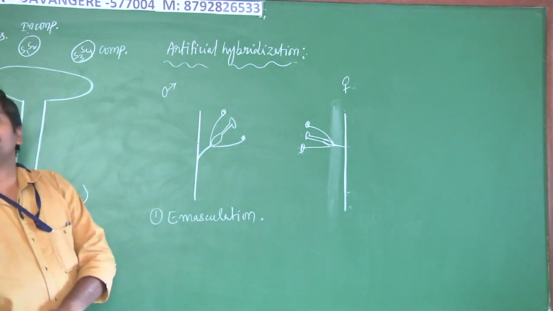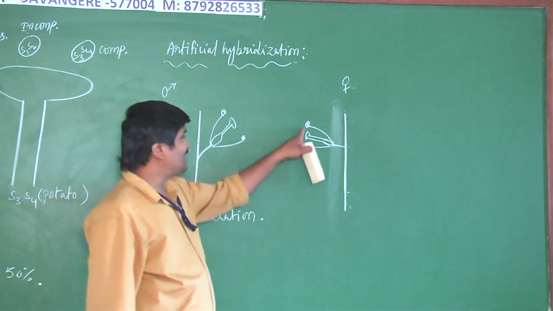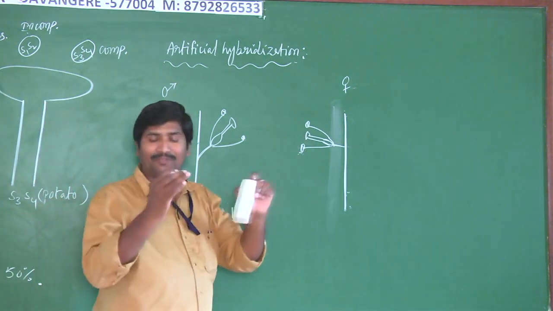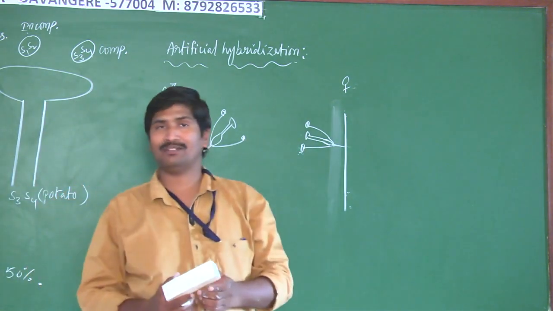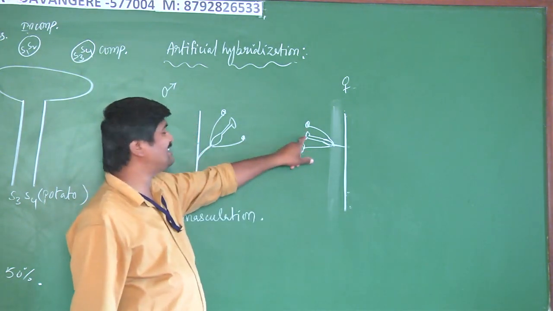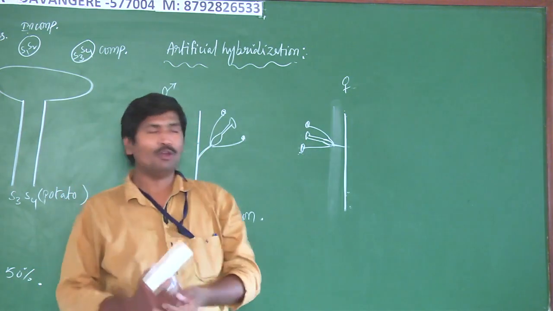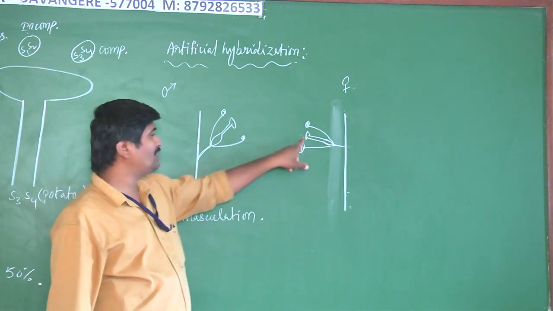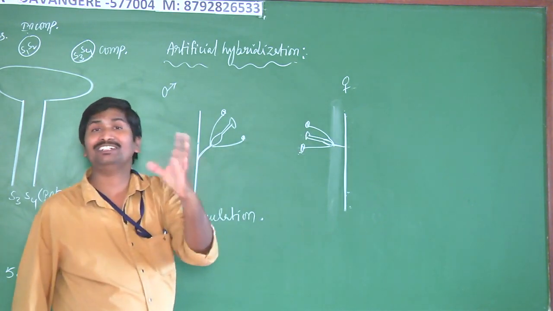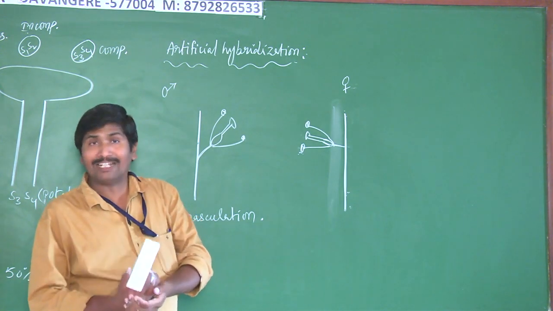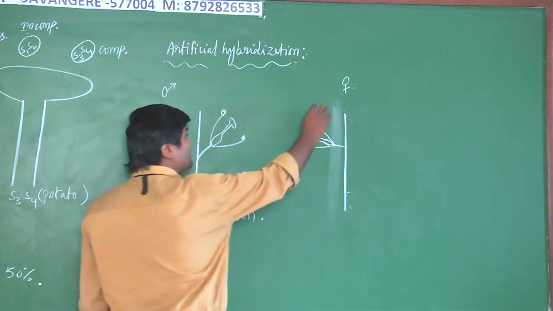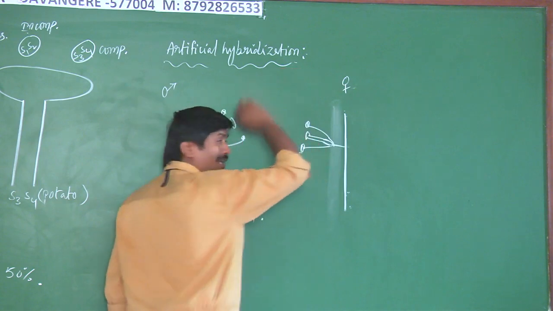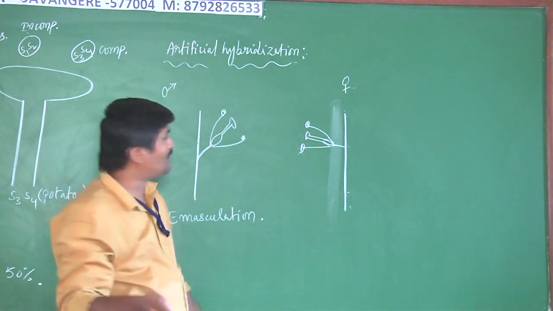What is emasculation? Bisexual flowers lead to self-pollination, because the pollen grains easily land on the stigmatic lobe. When pollen grains land on the stigmatic lobe, automatically self-pollination takes place.